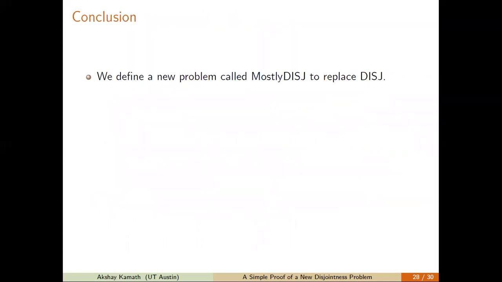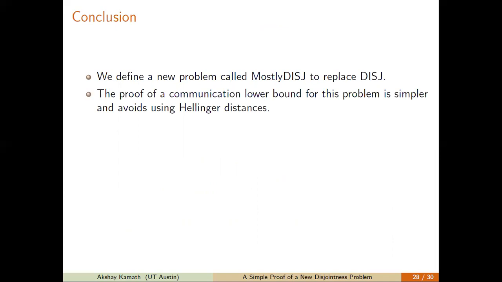So let's just conclude with an overview of the results of our paper. In our paper, we define a new problem called mostly disjointness to replace the disjointness problem. And we prove a communication lower bound for this mostly disjointness problem that is simpler than the lower bound for disjointness and avoids using Hellinger distances.